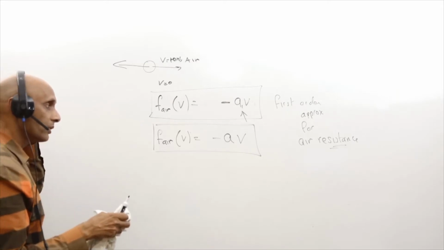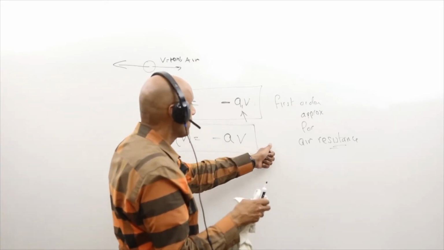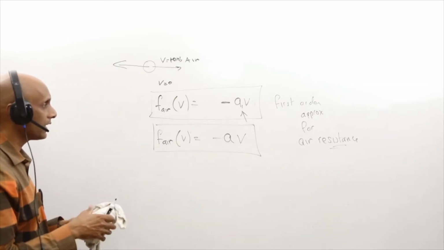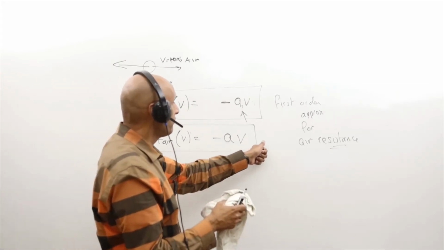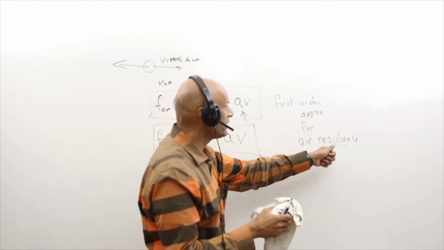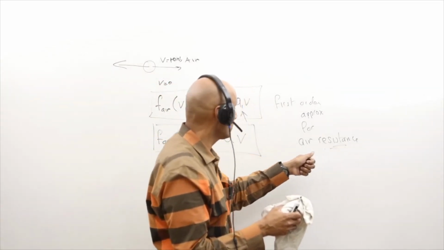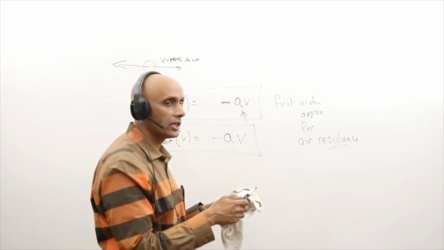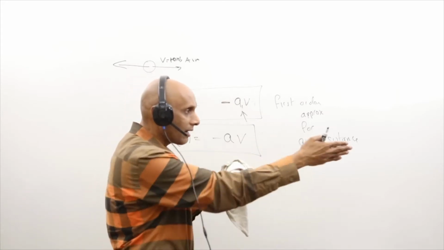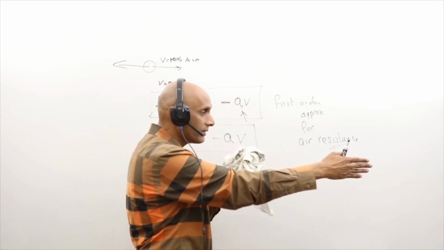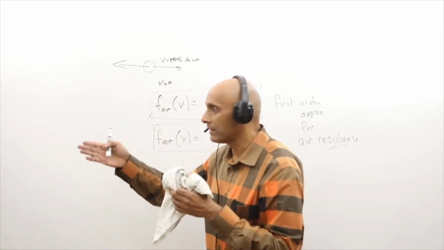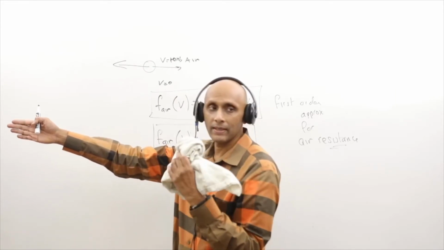Of course, there are higher order terms, and I can use something called isotropic propagation to show you that the v squared, v to the fourth, v to the sixth terms should all be zero. Isotropic propagation means that if I'm traveling in one direction, the force of the air resistance should be exactly the same as traveling in that direction, but in the opposite sense.